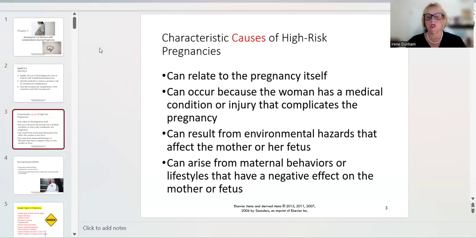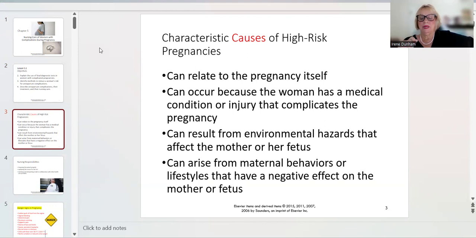So some characteristics and causes of high-risk pregnancies. Maybe she came into the clinic already with a chronic condition. She may have chronic hypertensive disorder. She might already have diabetes. These are all conditions that complicate a pregnancy. How about advanced maternal age? Does that complicate a pregnancy? Yes, it sure does.